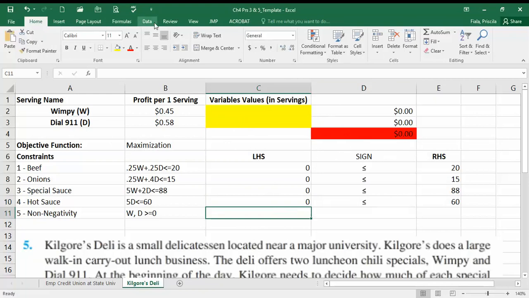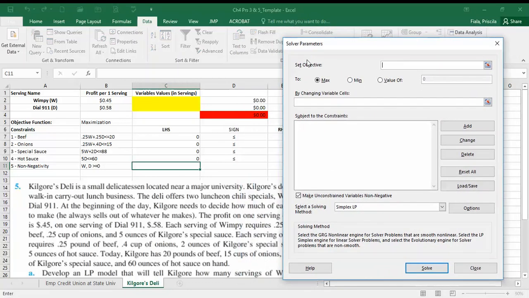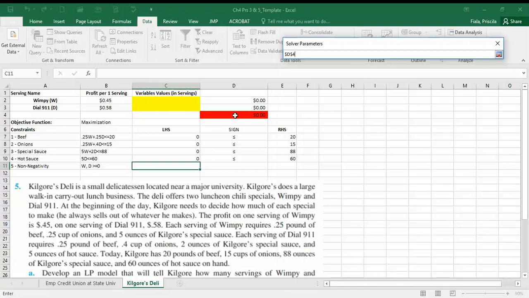Okay, so now what is our objective? Our objective is to learn this value right here, the maximum dollar amount we can make by combining the servings of Wimpy and Dial 911. So my objective function is on this cell right here, which has a formula in it.